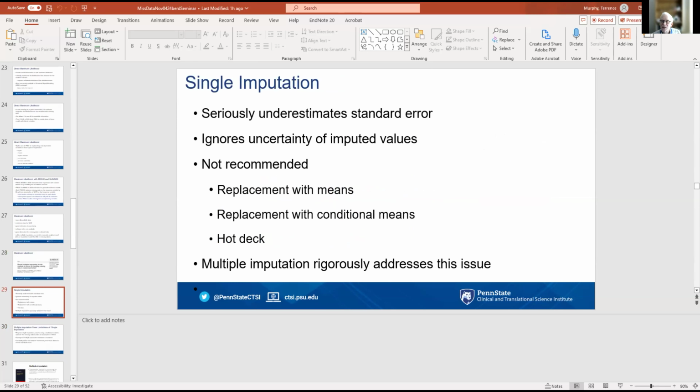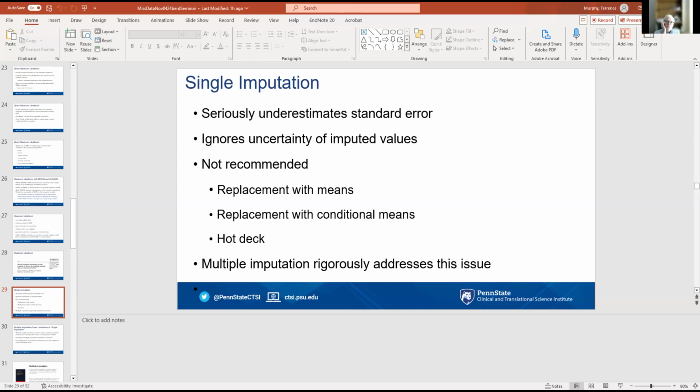So let's switch now to imputation. Historically, folks would use single imputation, and this is not a good practice because they would take all the missing data for a certain variable and say, put in the mean or a conditional mean, or they'd use an approach called hot deck.